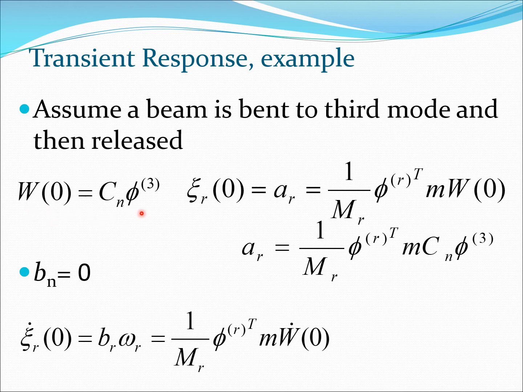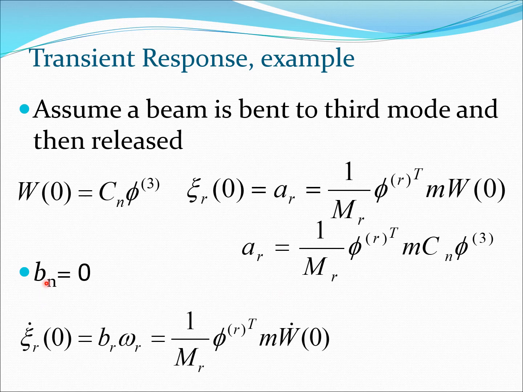So now let's look at these two coefficients. So we know that AR is this particular coefficient, and that is xi r 0. Now here we know that W0 is Cn phi3, so substitute that here, you get this equation here, and therefore you get AR is this equation.